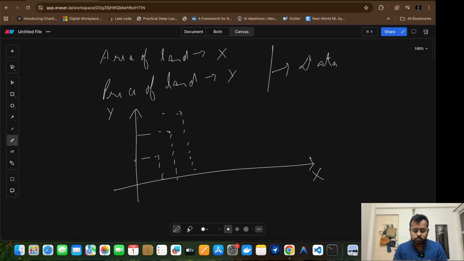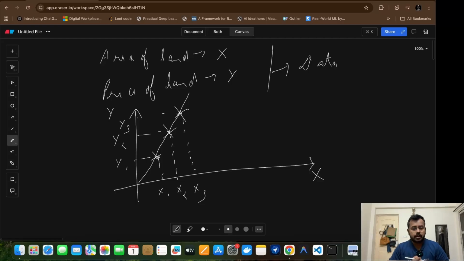So it seems to be going like this, let's say, from our data points. Let's say we had just these three data points, x1, x2, x3, and y1, y2 and y3 is the corresponding price. Let's say data is something like that.